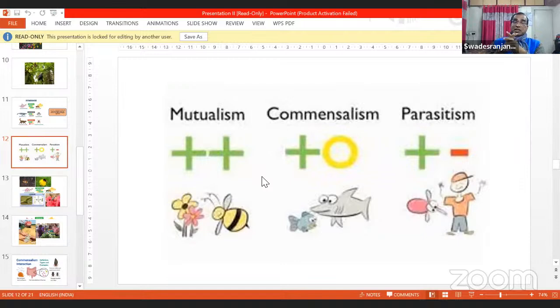Someone has written, if the host is finished, then what will be? That is the system. You see the black buck, one kind of animal, it is going to be finished. In the world, if you count, a maximum of 500 are still living.